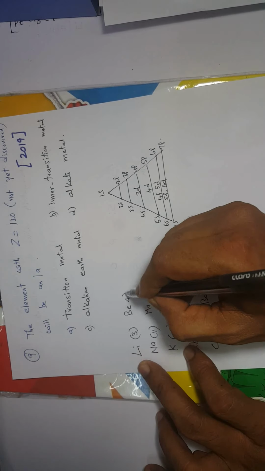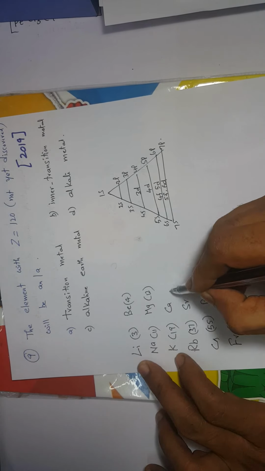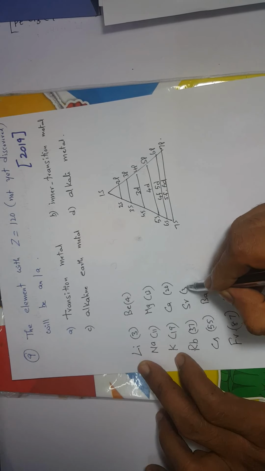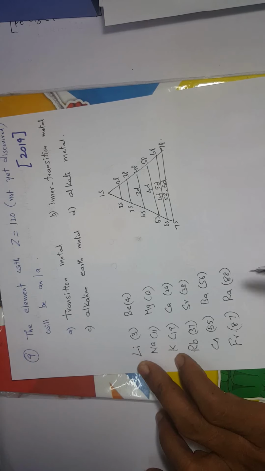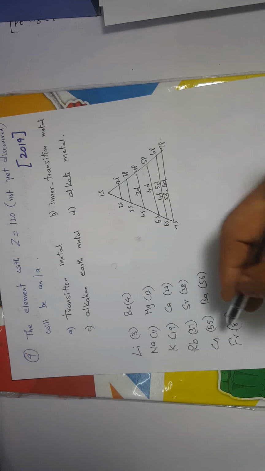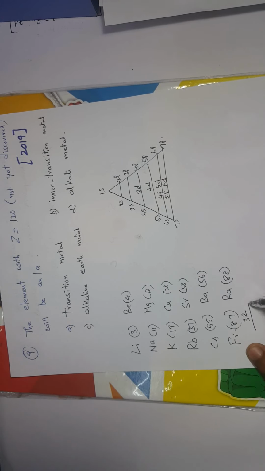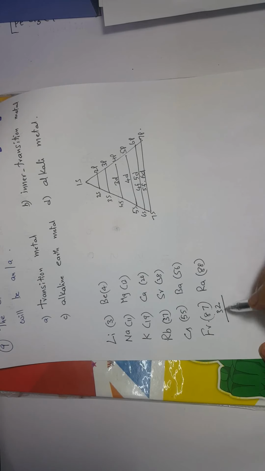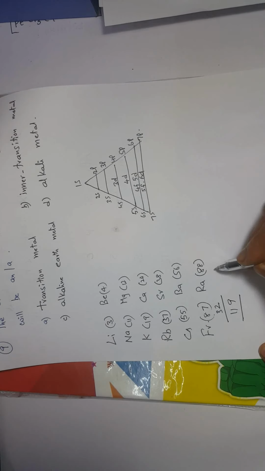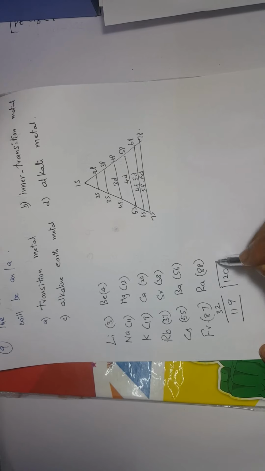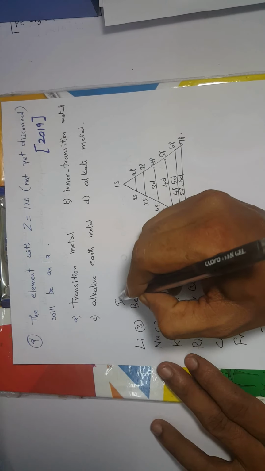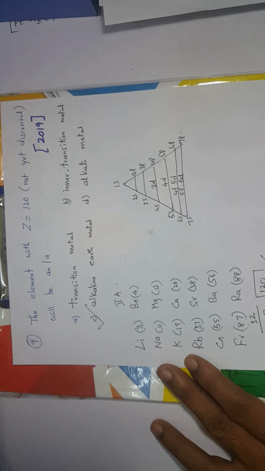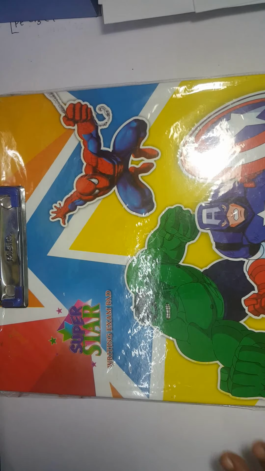Just the next elements: 4, 12, 20, 38, 56, 88. After this one you have to add 32 more, then it becomes 119, so here it is 120. That means element 120 belongs to the 2A group, the alkaline earth metals.